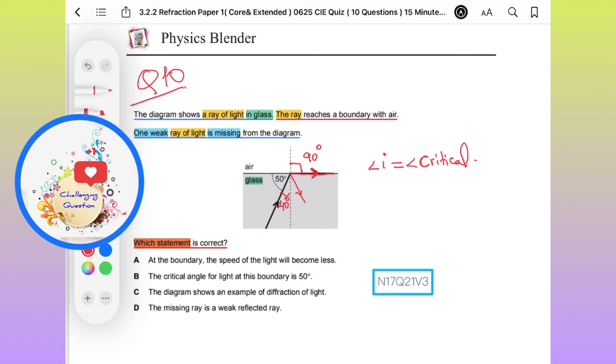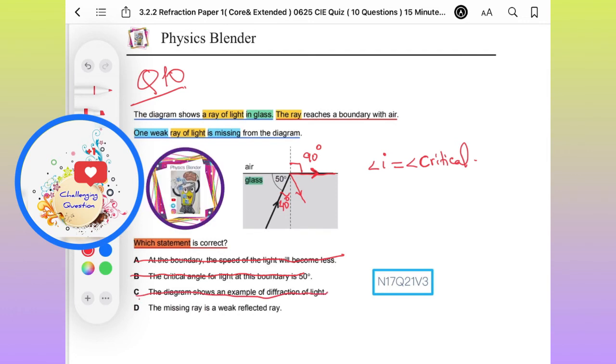The critical angle here is 50. No, the critical angle is 40. The diagram shows an example of diffraction. No, it's refraction. So the correct answer here, the missing ray, is a weak reflected ray. It's a challenging question.